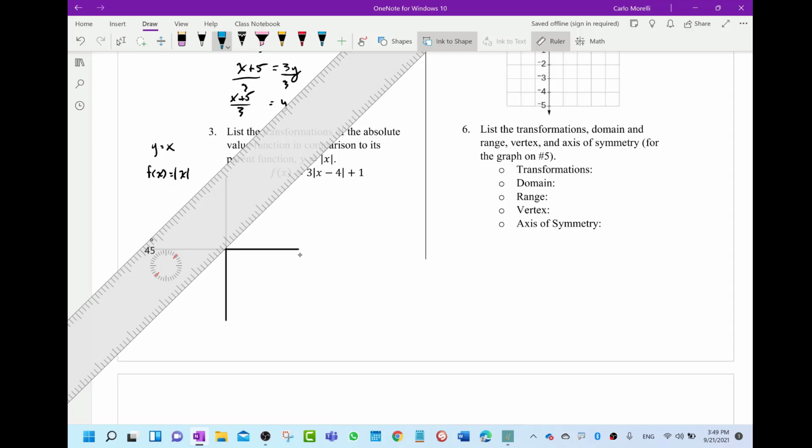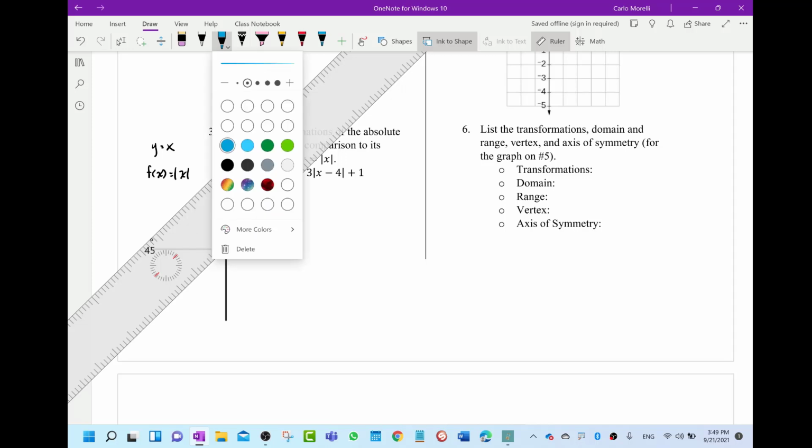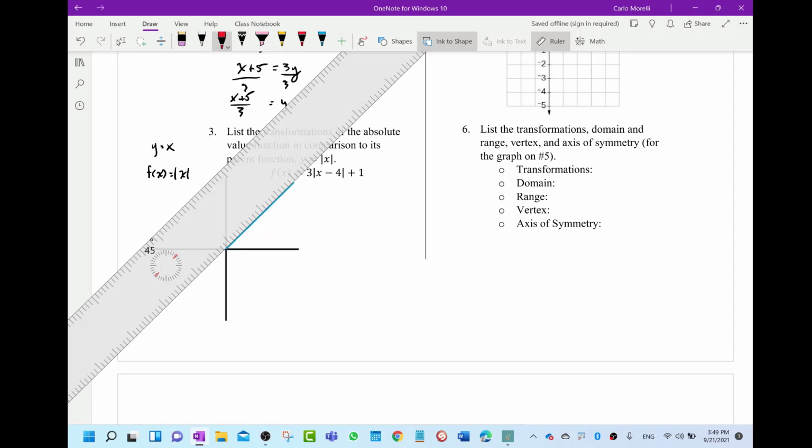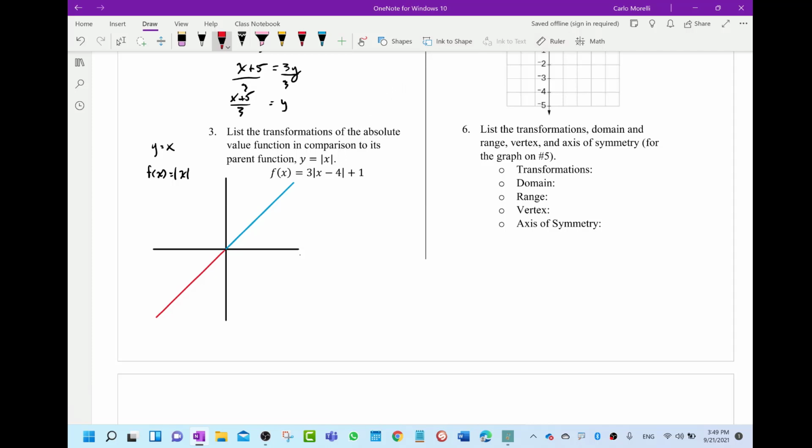That's y equals x. And here's how that parent function is formed. So now everywhere along this blue line, all the x values are positive. But then, past the origin, suddenly we change to negative x values. So that's like the line, right? That's y equals x. Everyone knows this.